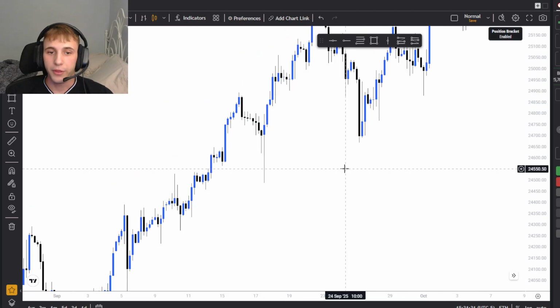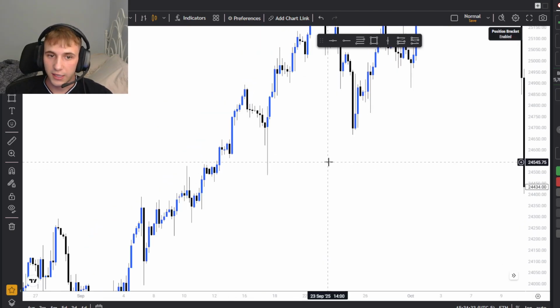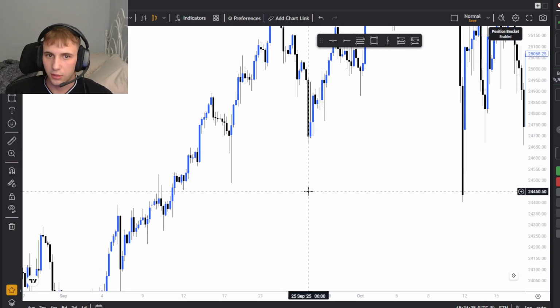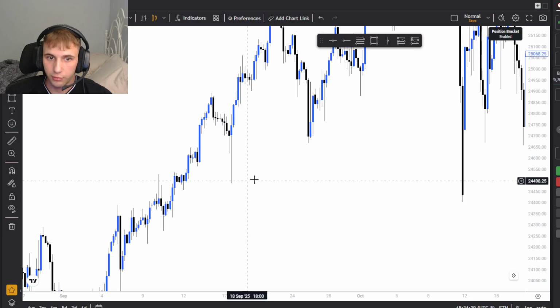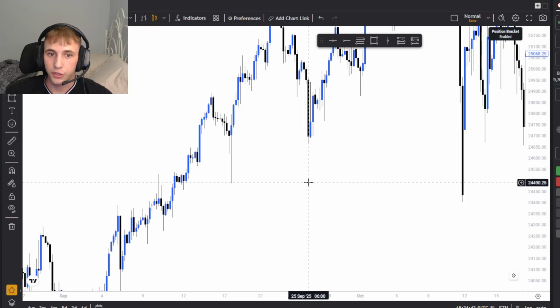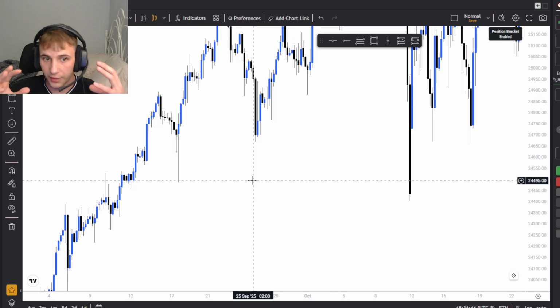But here's the thing, if it does take it out, people see this and they're like, wow, price just took out this level right here. This is huge. For price to come down and take out this level, that means it is at a very good discount, I guess you could call it. It's at a good price.